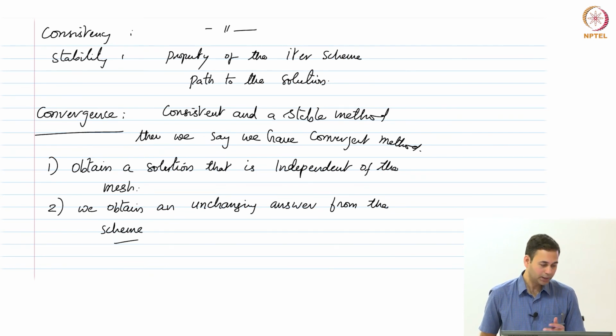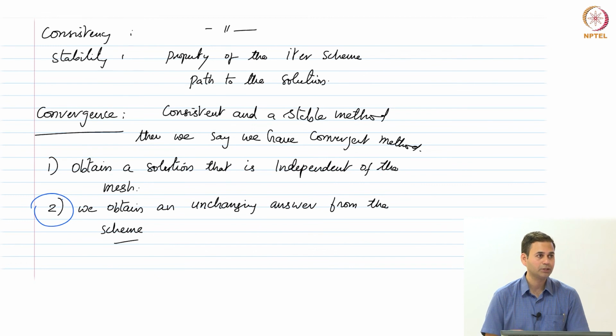In this particular course, we will be using convergence in the context of the second one. That means if we reach an unchanging answer, we say that we have converged our solution. But you will see that people use convergence in the context of obtaining a solution that is independent of the mesh. For example, you have taken 100 cells, 1000 cells and 2000 cells.